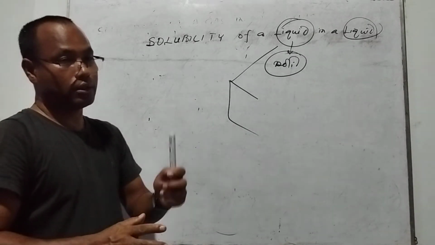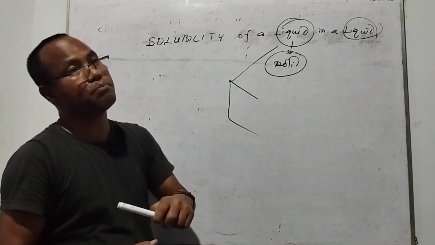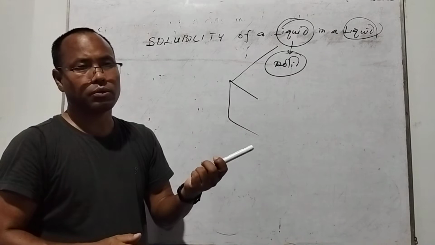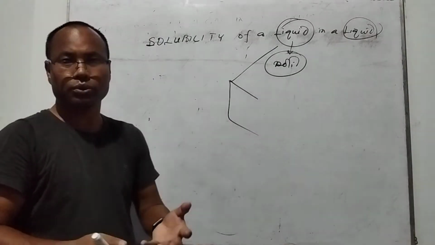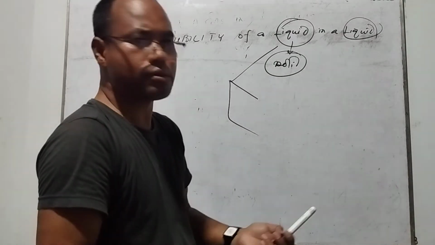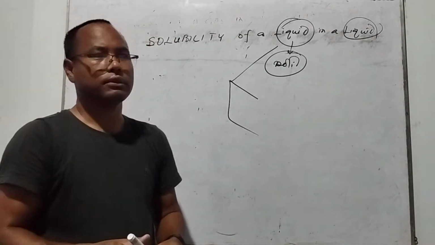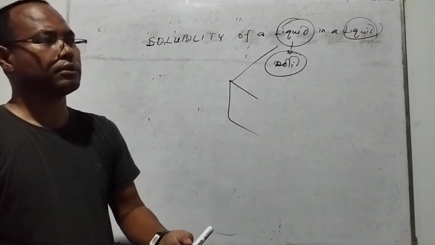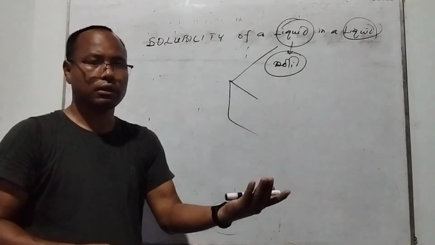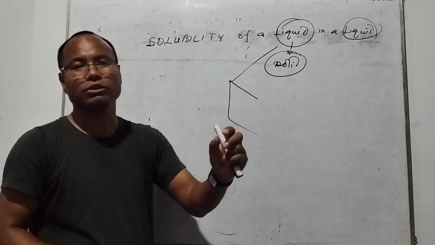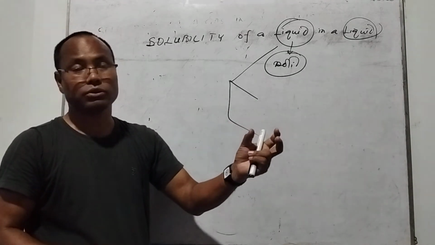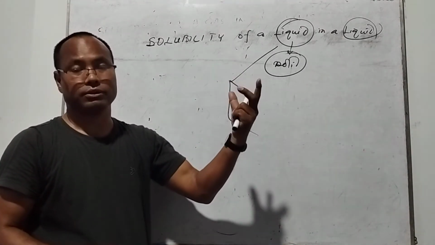One is the liquid which can easily vaporize. That liquid we can call a volatile liquid, or a solid can also be a volatile solid. See camphor. When we place camphor in an open container, that camphor, without converting into liquid, can be vaporized, right?